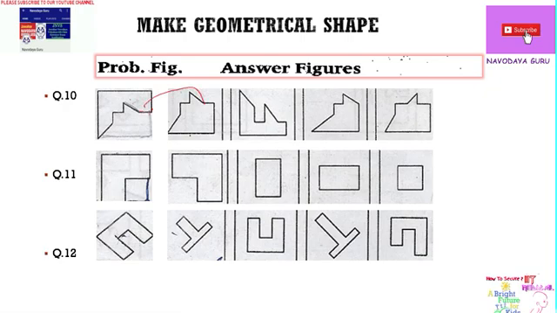The second line is matching with this line. Third line is matching with this line. Fourth line is matching with this. Fifth line is exactly matching with this. And once we draw this line, this will be the same line. And this line will be matching with this line. So our answer is option 1 for question number 10.